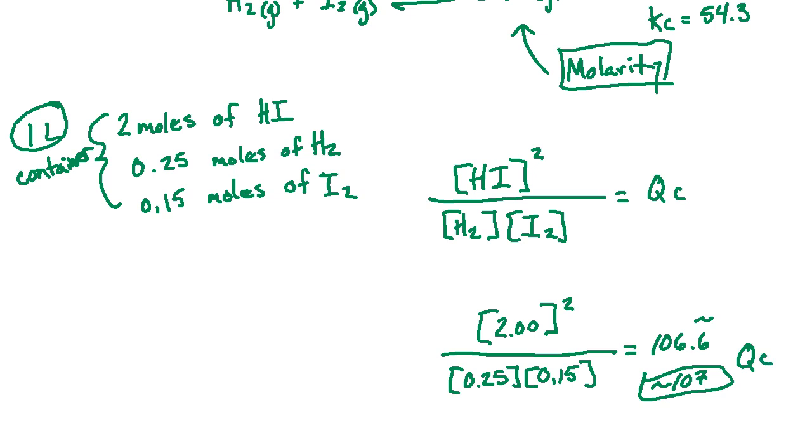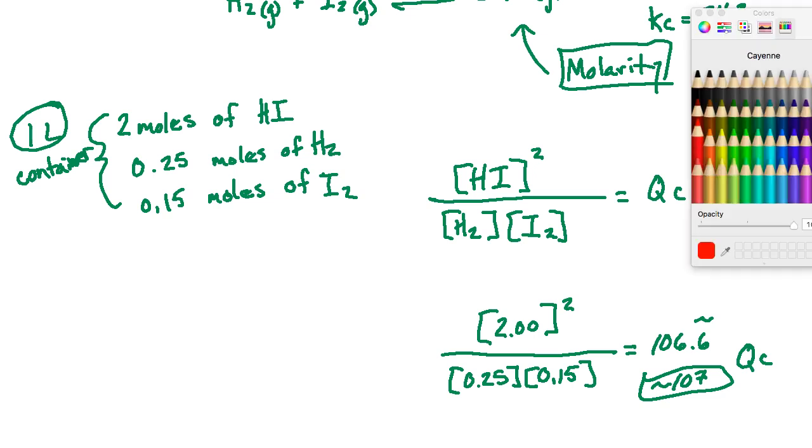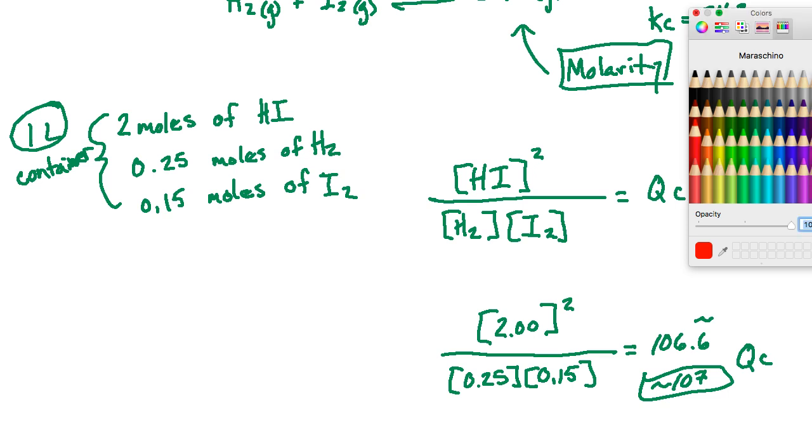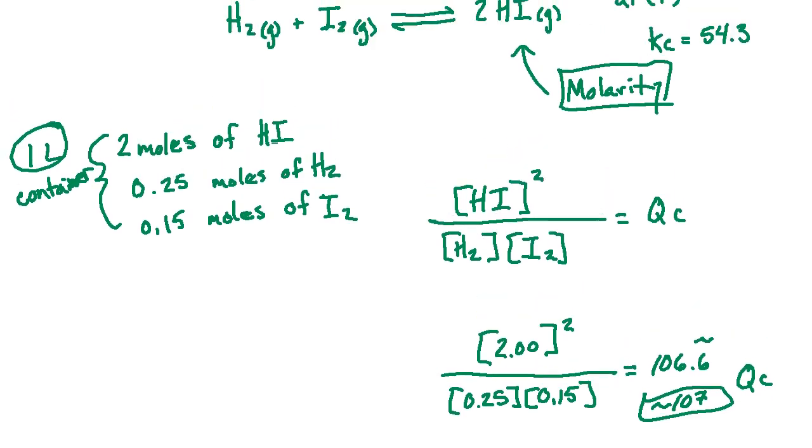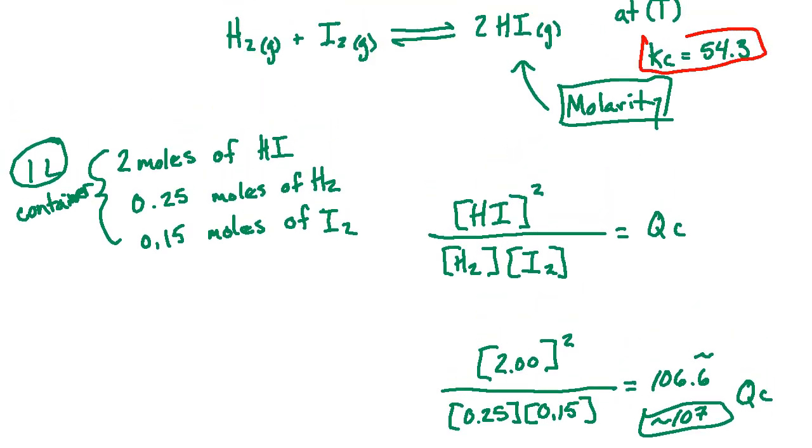So now the question is, is the reaction going to move forward or backwards based on the Qc value? Well, in order to determine that, you're going to need to compare it relative to the Kc. So if you take a look up here, Kc was 54.3.